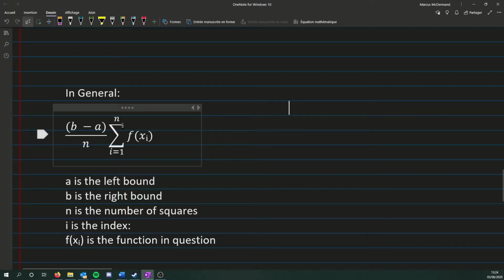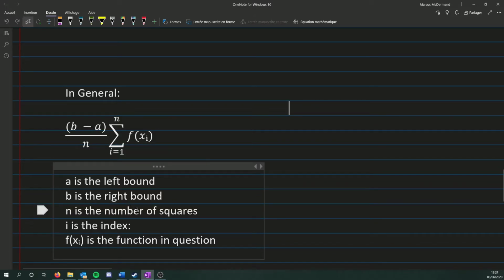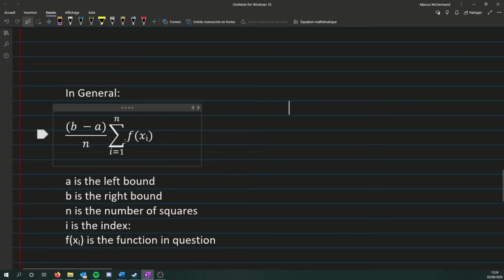Now let me break this down for you a little bit. First things first, (b minus a) over n. b is the right bound, a is the left bound, and n is the number of rectangles. I wrote squares here, that doesn't matter. This here will give you the width of every single rectangle, which is going to be exactly the same.